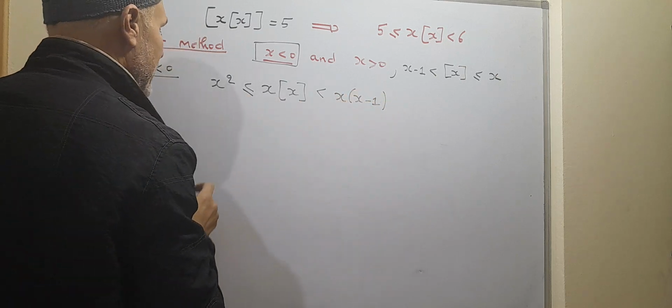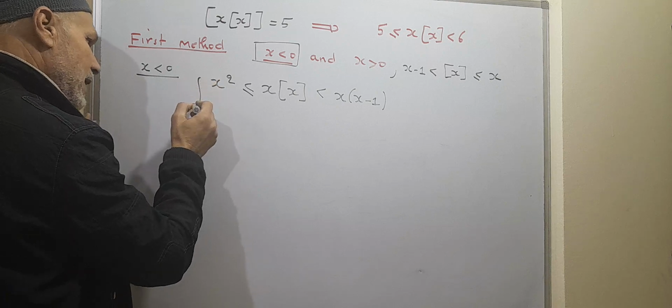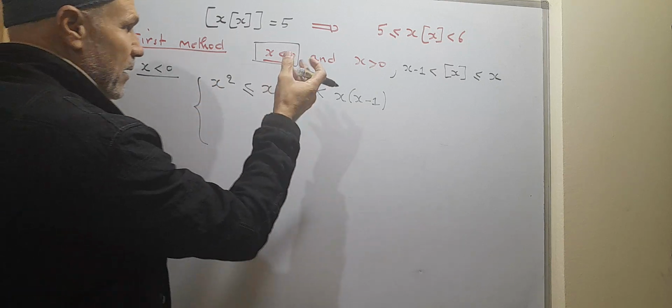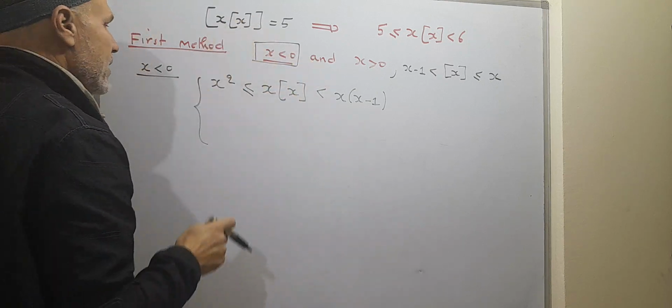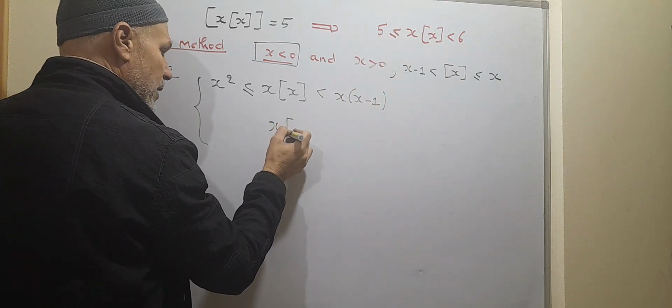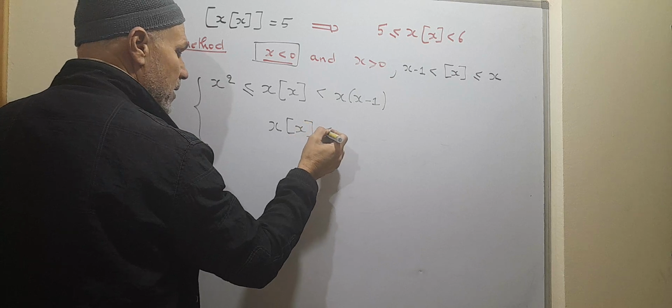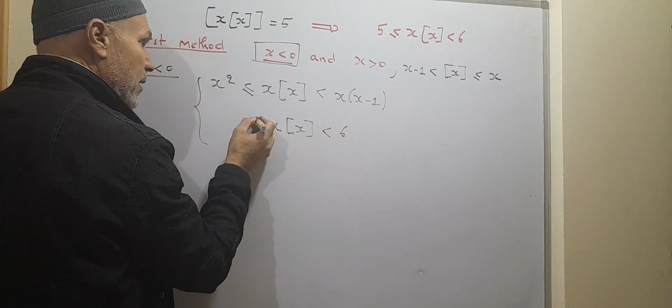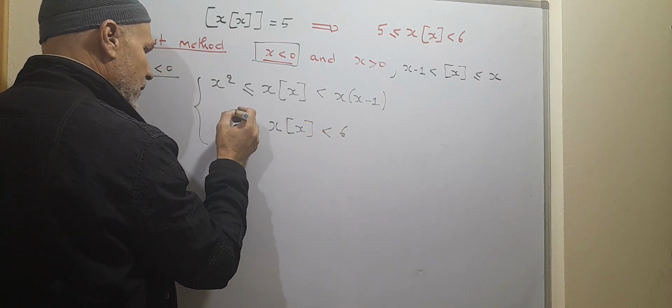This is the first inequality. The second inequality that we had from the basic equation is this one: x times the integer part of x is less than 6 and greater than or equal to 5.